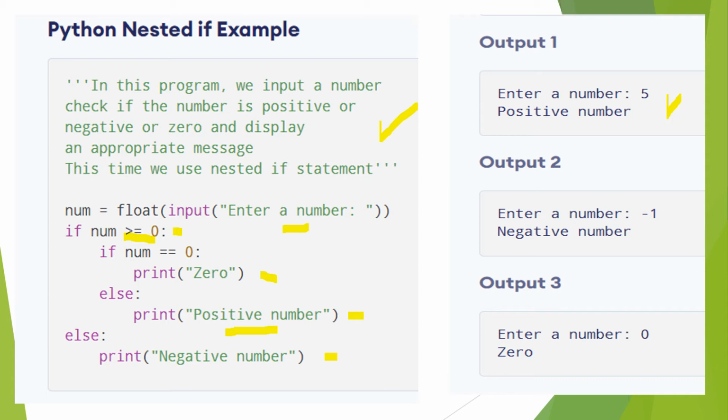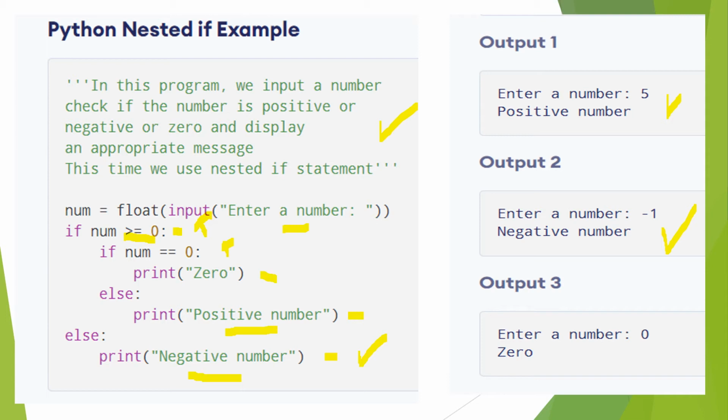Now, if the user inputs negative 1, the text negative number displays on the screen. Since negative 1 does not meet this conditional statement, num greater than or equal to 0. It does not meet this conditional statement, num equals 0. And so the text negative number is displayed on the screen.